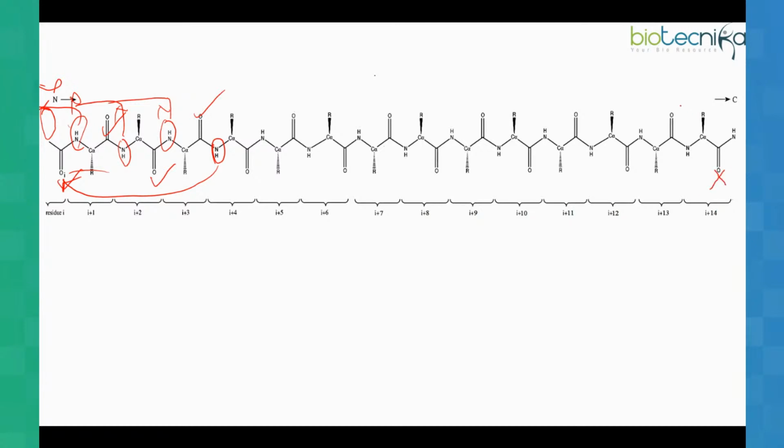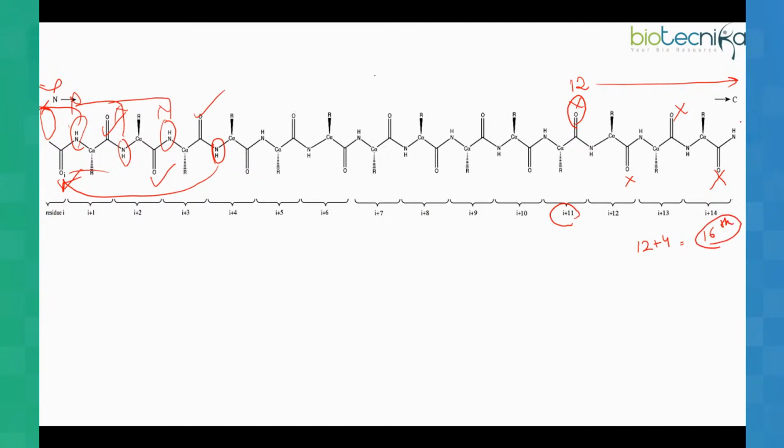Similarly, the last 4 CO will also not be involved in hydrogen bonding. Because just think about it, if the 12th amino acid, that is I plus 11, has to form a hydrogen bond, then it will require 12 plus 4. It is always I plus 4, no? So that means it would require the 16th amino acid.